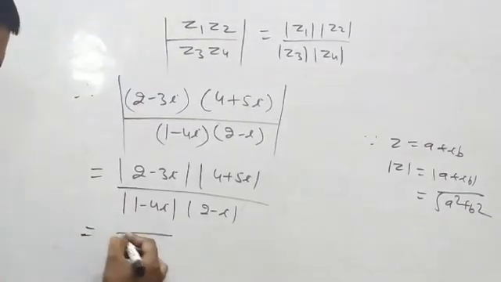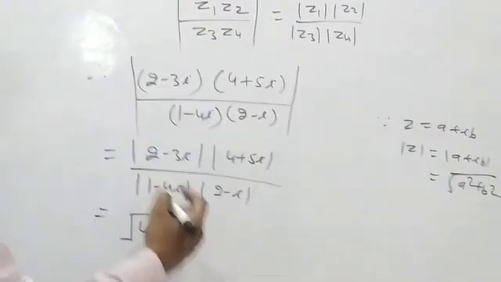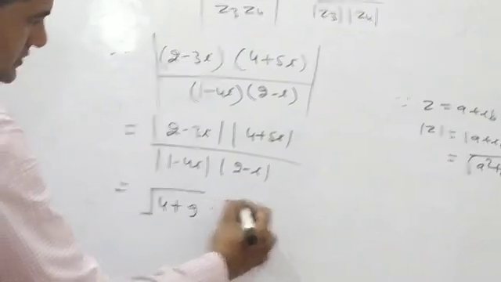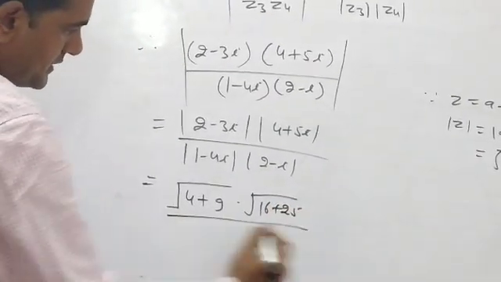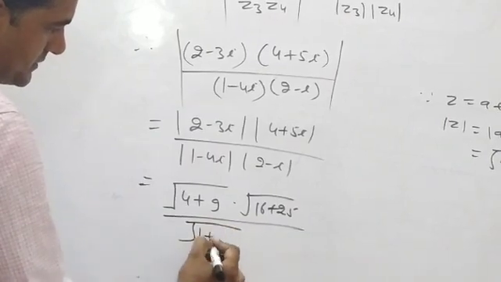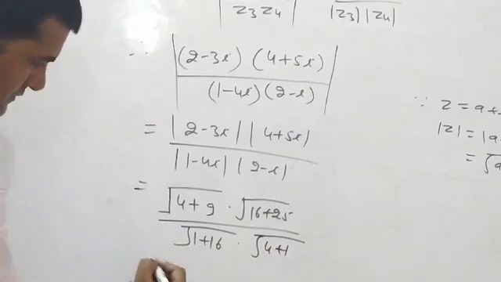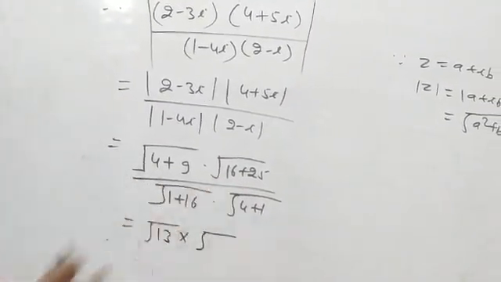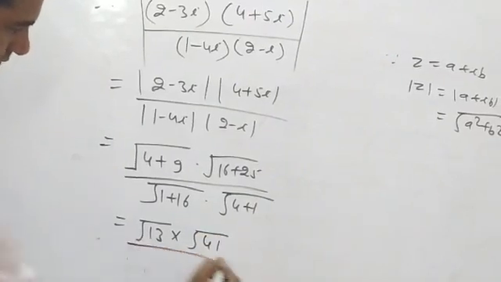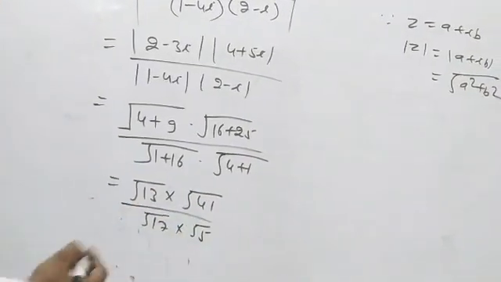Then here under root 2 square means 4 plus 9, into under root 16 plus 25, and whole upon under root 1 plus 16 into under root 4 plus 1, which is equal to under root 13 into under root 41 upon under root 17 into under root 5.